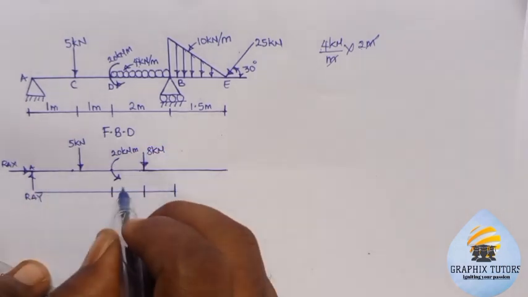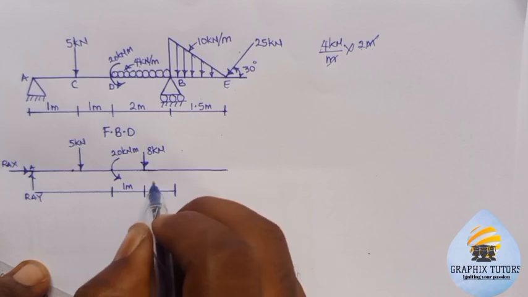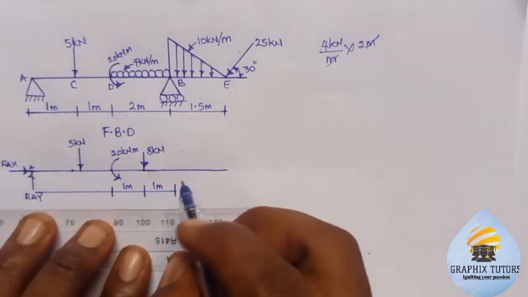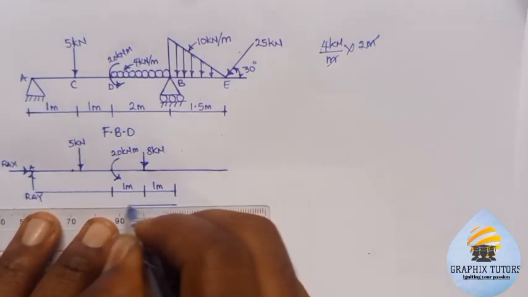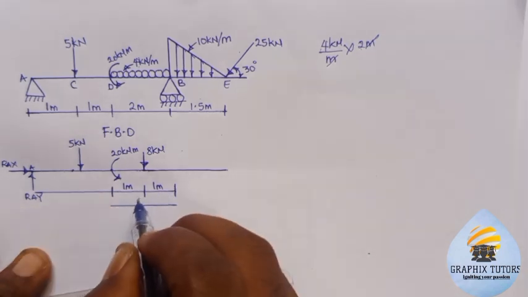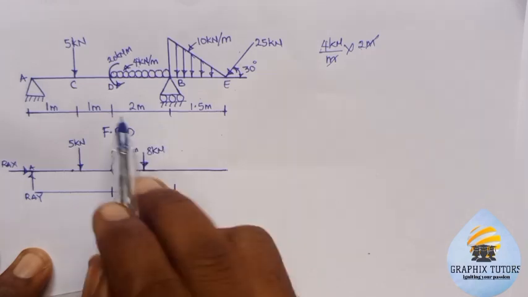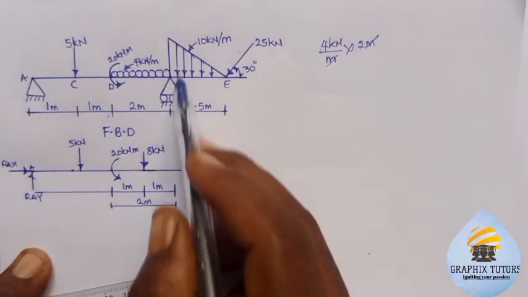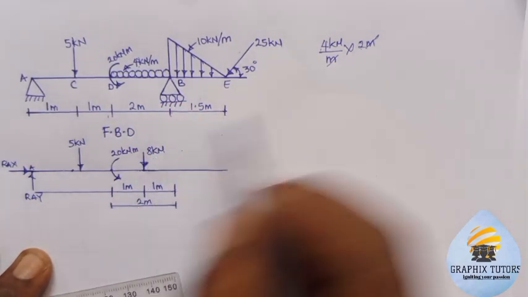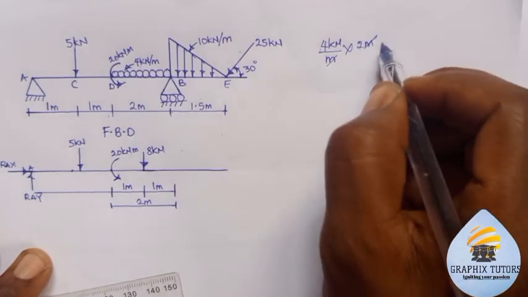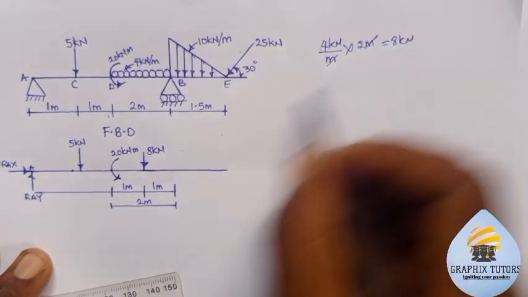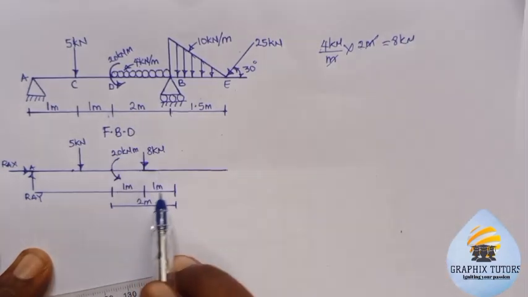So this is 1 meter, this is 1 meter, and the entire length from here to here is given as 2 meter, just like it is shown in the diagram above. Because we are converting it to a point load, the point load is 8 kilonewton acting at the center of the 2.